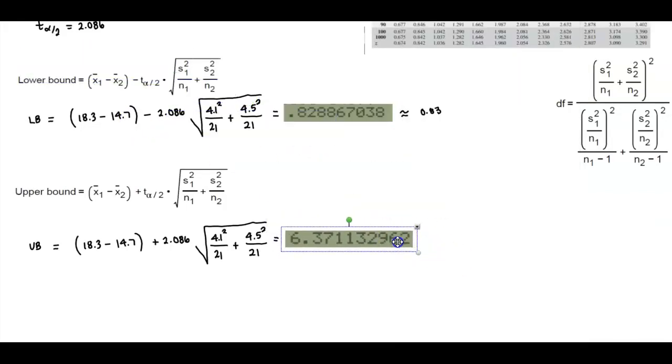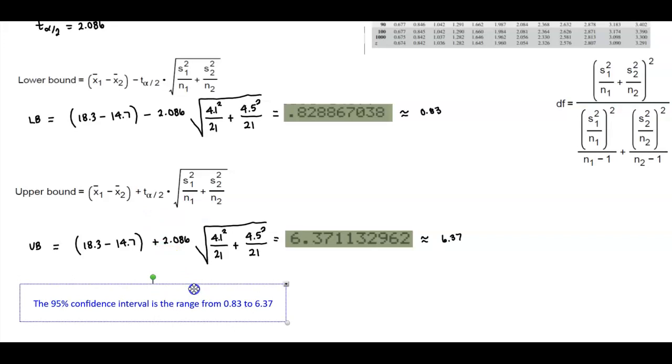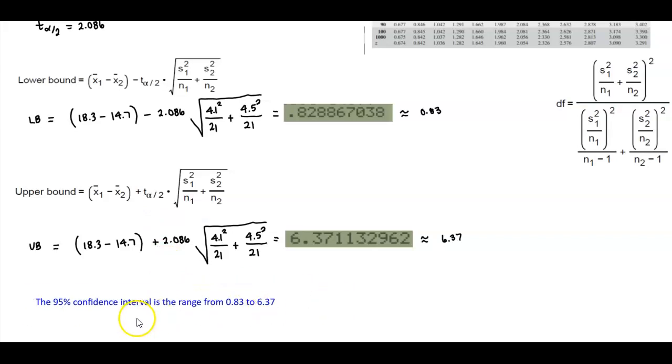We can round this to 2 decimal places, and this becomes 6.37. So we can say that the 95% confidence interval is the range from 0.83 to 6.37.